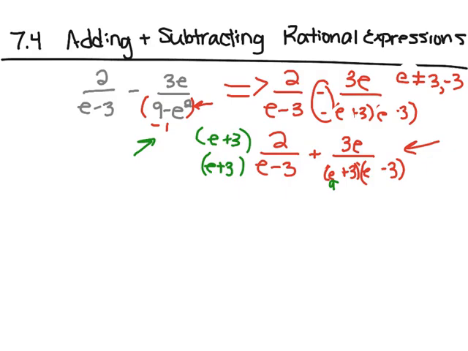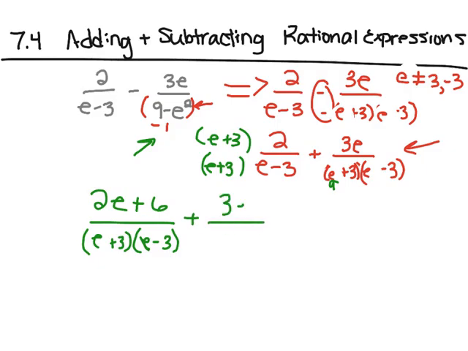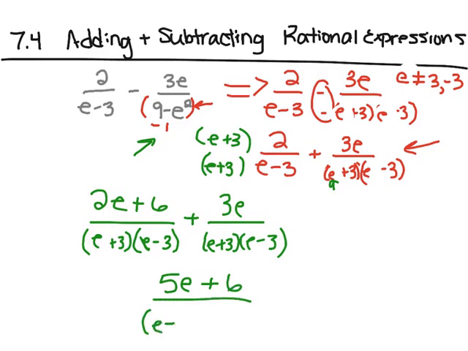So on the top, we should have 2e plus 6 over (e plus 3)(e minus 3), plus 3e over (e plus 3)(e minus 3). 2e plus 3e is 5e plus 6, all over (e plus 3)(e minus 3), when e does not equal 3 or -3.